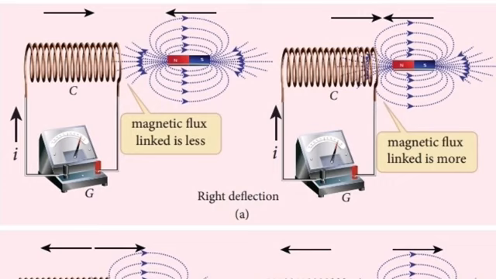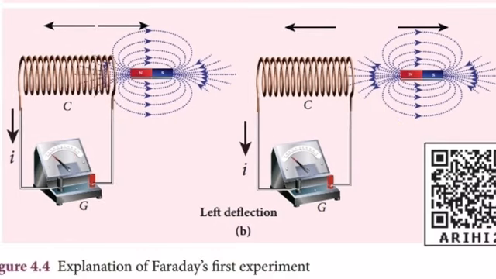At the same time, when they move away from one another, the magnetic flux linked with the coil decreases. The decrease in magnetic flux again induces an EMF in the opposite direction. Hence the electric current flows in the opposite direction. So there is a deflection in the galvanometer when there is relative motion between the coil and magnet.